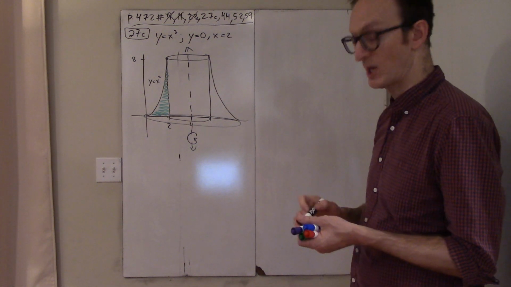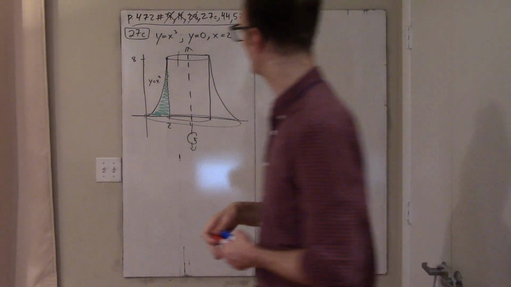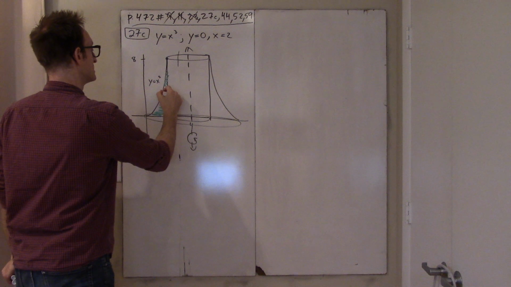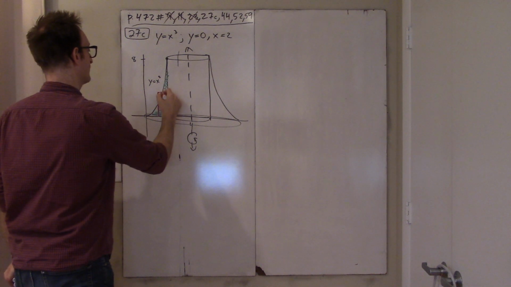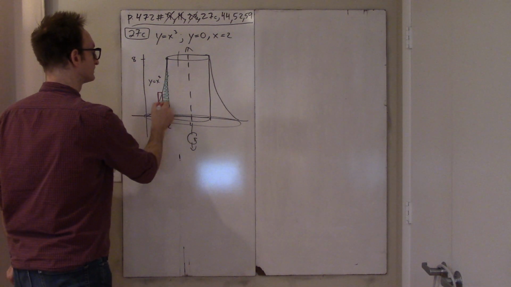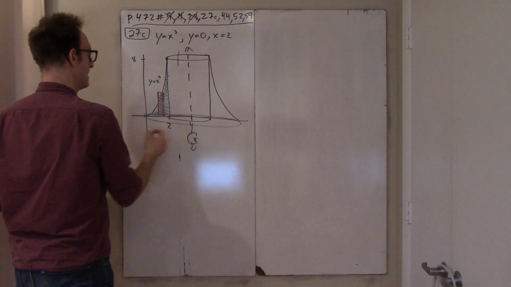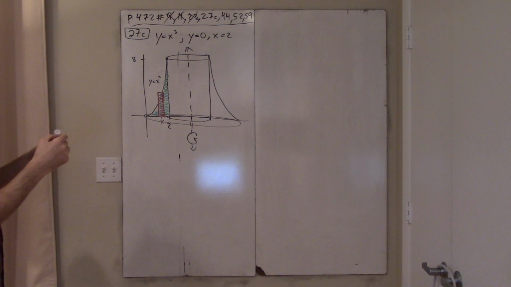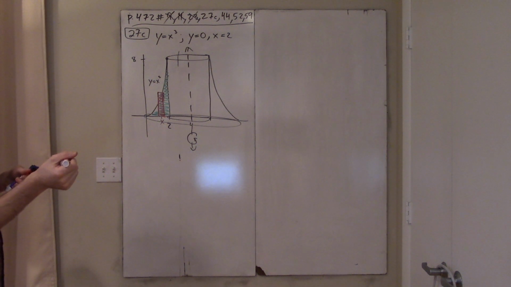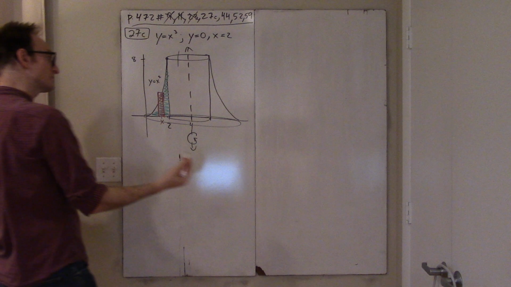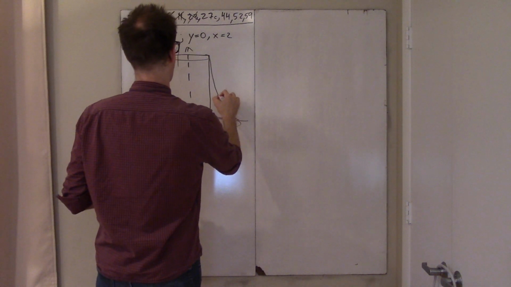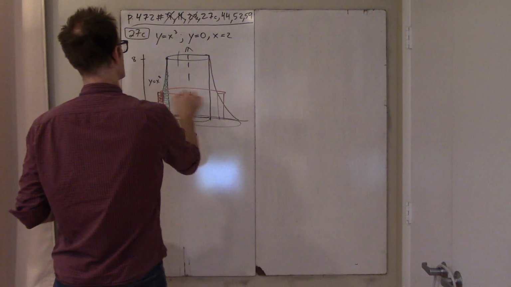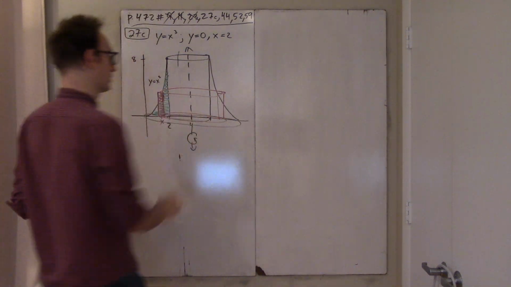I'm just going to use shells because why not? Because everything will just be a polynomial, it seems better. So I draw my representative rectangle, which is right here. I pick an arbitrary x value on the x-axis, which is just x. Then when that rectangle gets rotated around the line x equals 4, a shell is formed.